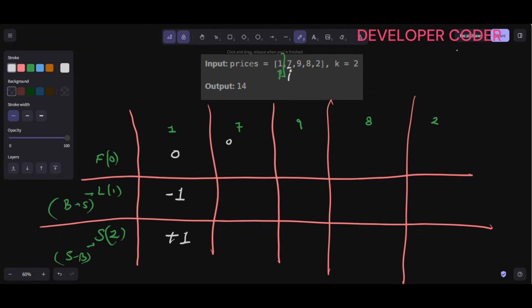Or maybe I go to the flat state from here to here, from buy to sell. So I have -1 in the past. Now I am selling, selling means earning the money, so +7. So -1 plus 7 is 6. I'm getting 6 here.